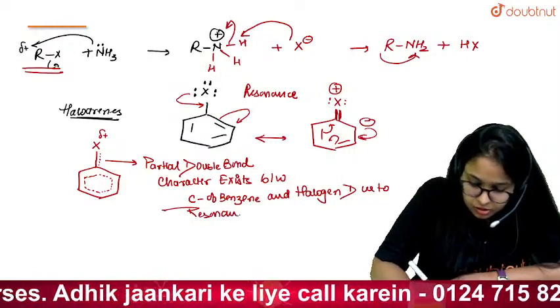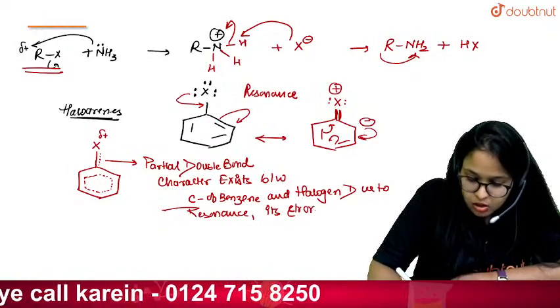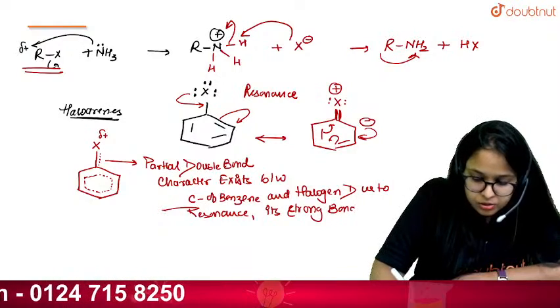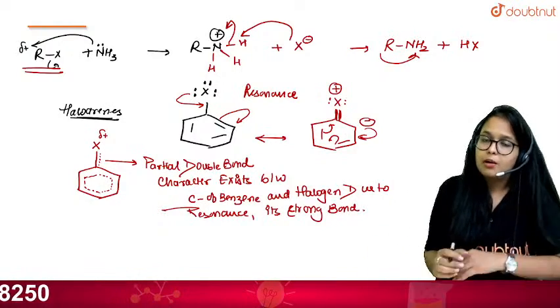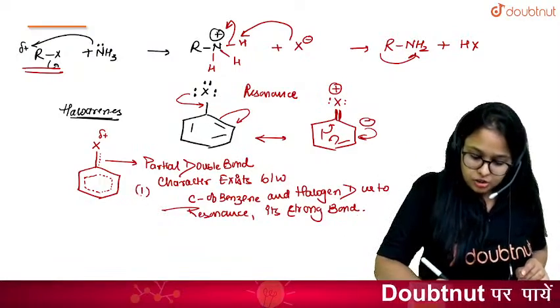It is a stronger bond in comparison to the single bond that exists between carbon and the halogen atom in the haloalkane. One of the reasons is the partial double bond.